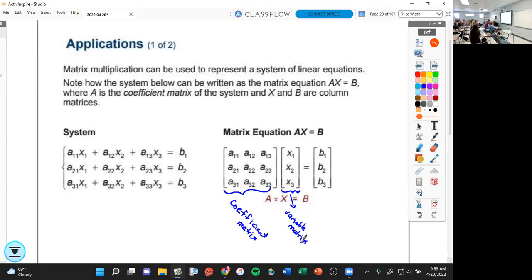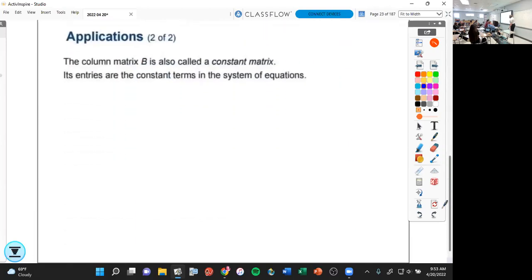Okay. And this obviously is going to be your constant matrix. I've already said that. The column matrix B is also called the constant matrix. The entries are the constant terms in the system of equations.